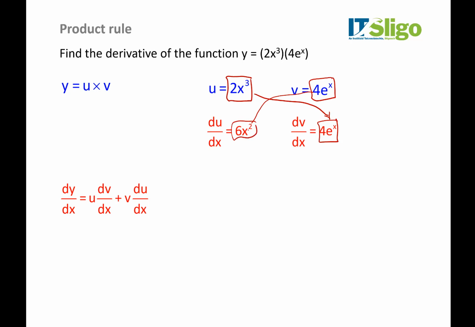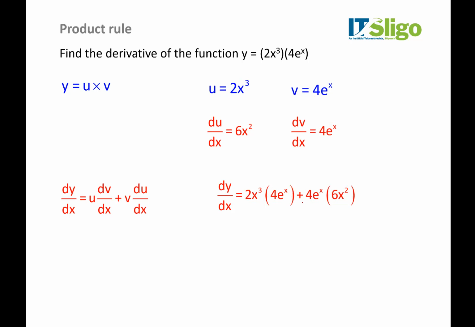So you just slot them all into the formula, each of the 4 little blocks. So here's u dv dx plus v du dx. And we'll take a look, 4e to the power of x is common.